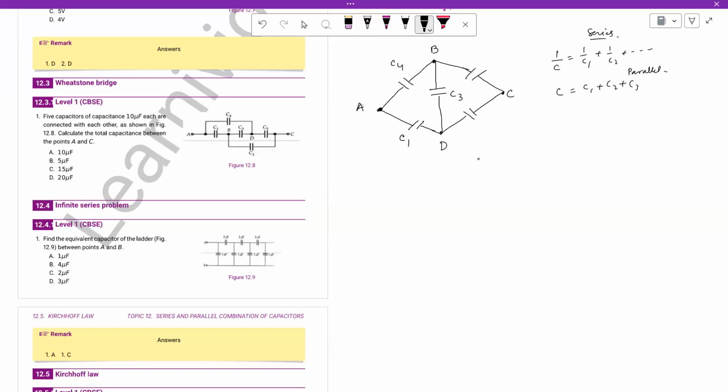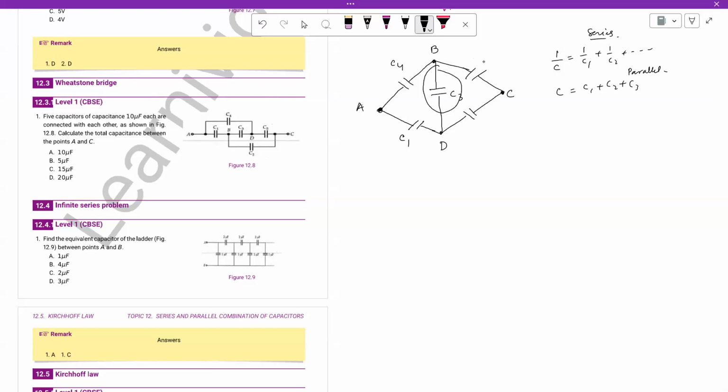Now if we have to come from this point to this point, B to C and D to C, these two are in parallel. We know that this is a Wheatstone bridge, so this middle part is discarded.